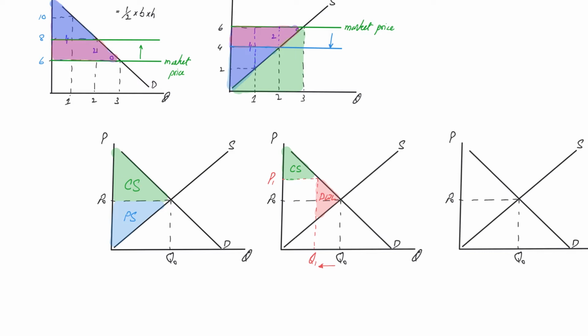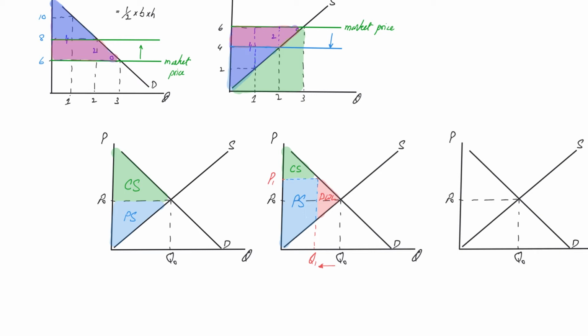Now, as far as the producer goes, area above the supply curve and below the market price, this all goes to the producers. Now, in this case, I have made an assumption that the prices have gone up and the quantity has reduced. Okay. In case of taxes, we're going to see something different. So we're just going to hold that thought for now. This is in a case when quantity has been reduced.